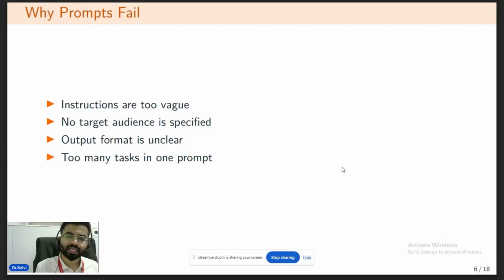So maybe if I just say write a speech, it would give me an abstract output. For me, it is abstract because it does not fit the goal that I want to achieve. Maybe that speech was for kindergarten students, or for a graduate student, but it has given me a superficial speech which neither of them is going to understand. So in that way, the prompt is going to fail.